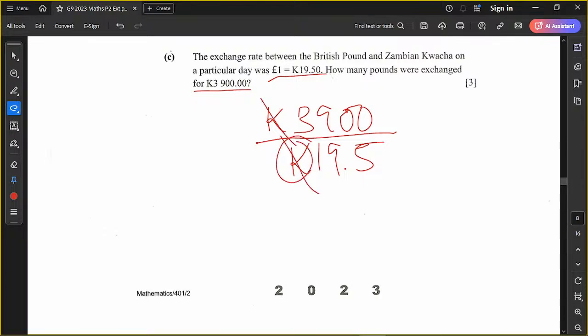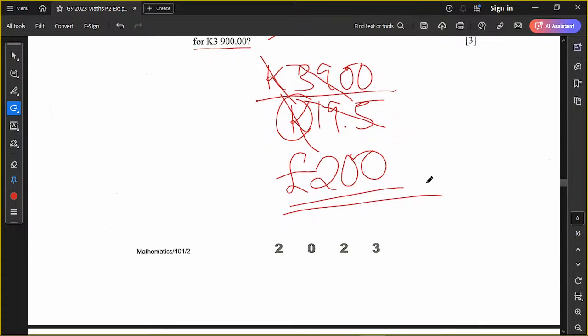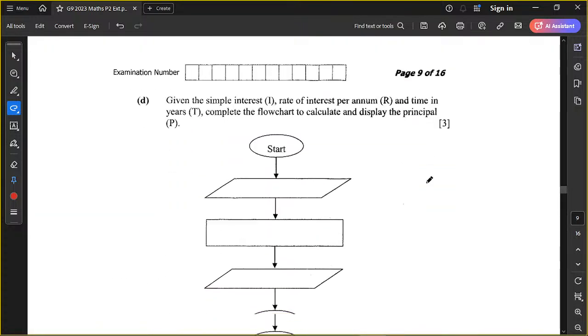Then 19 into 3, it can't. 19 into 39 will go 2 times. Is there any remainder? No. Have we used the zeros? No, so we put the 2 zeros to the quotient because we haven't used them, and we put the pound sign. So 3,900 kwacha converted into pounds will give us 200 pounds.